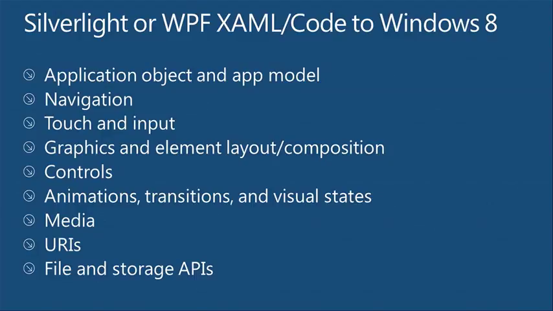Windows 8 apps use XAML for their UI definition, and there's basic controls there that you can use to build up these composite type controls. So we have things like buttons and list boxes and things like that. And we also have containers, things like borders, grids, etc. We don't have specialty controls like a panorama control, things that you would have seen in Silverlight. However, we do have other types of controls unique to Windows 8, like semantic zoom or flip view.